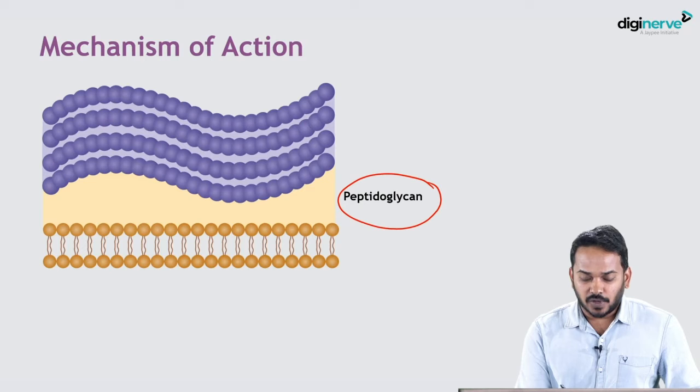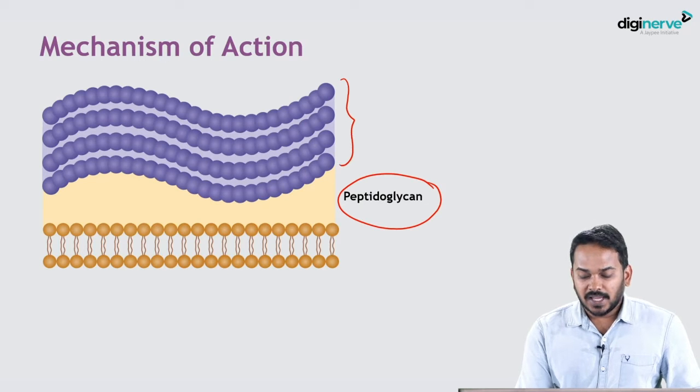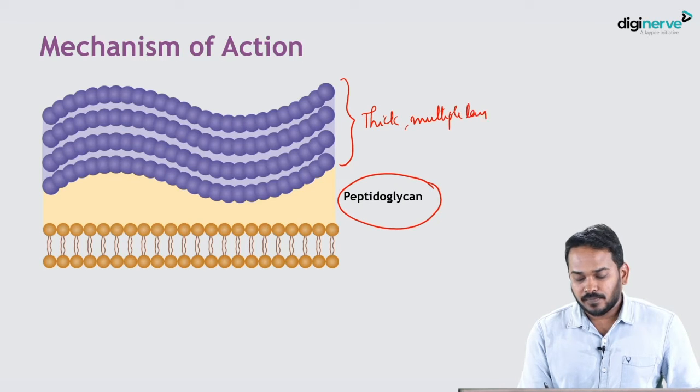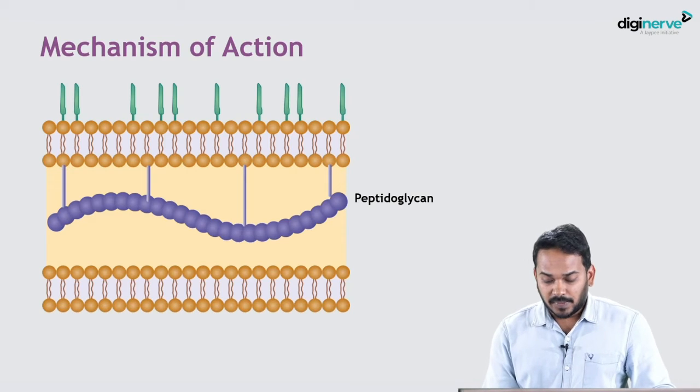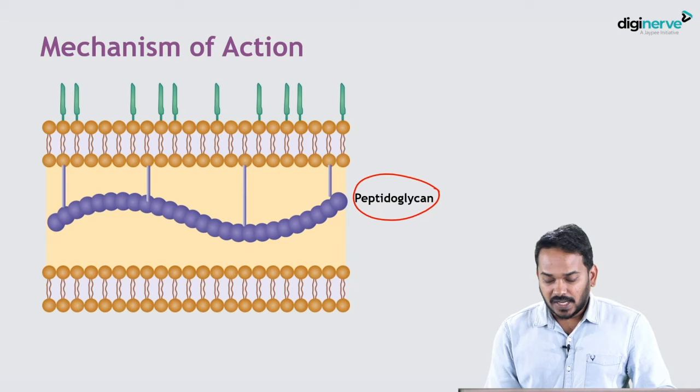In gram-positive organisms, the peptidoglycan layers are very thick, and multiple layers of peptidoglycan are seen. In gram-negative organisms, there is peptidoglycan, but the number of layers of peptidoglycan is less.